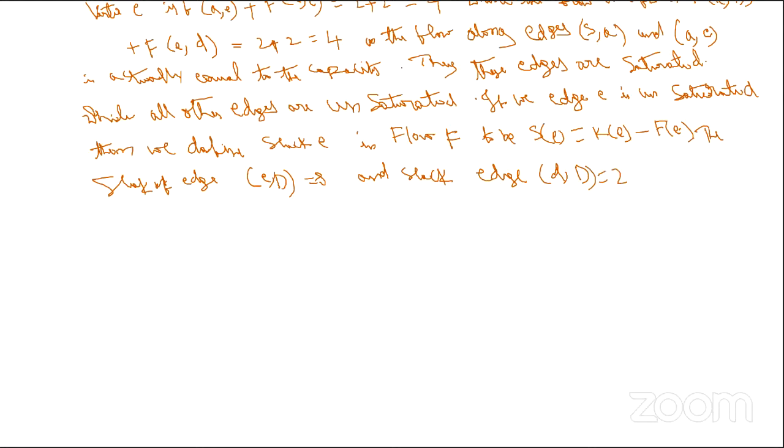So also the flow out of source is equal to f of s, comma n, plus f of s, comma c, that is equal to 4 plus 2, that is equal to 6.